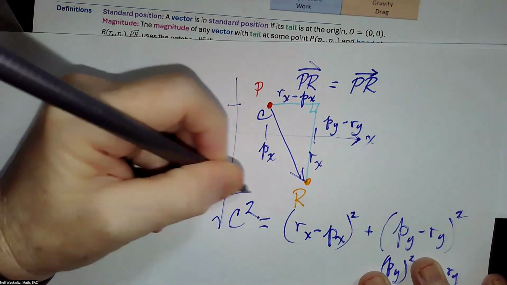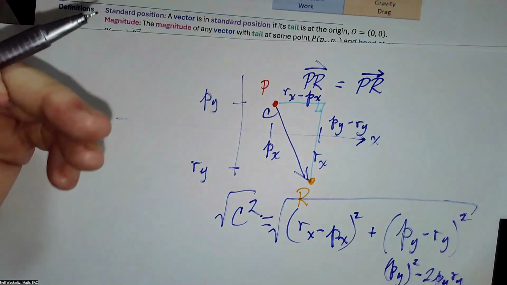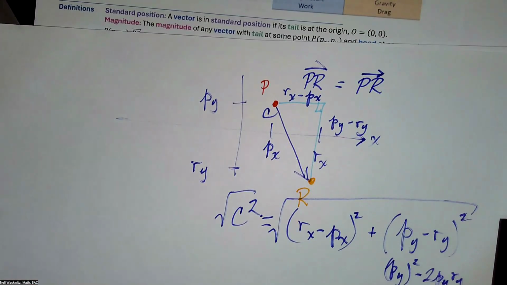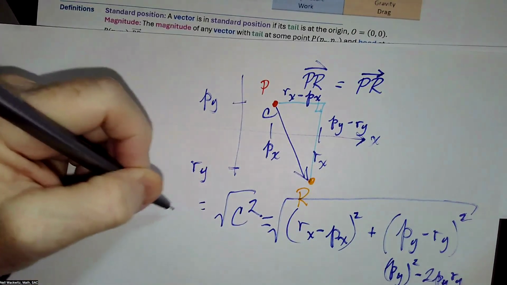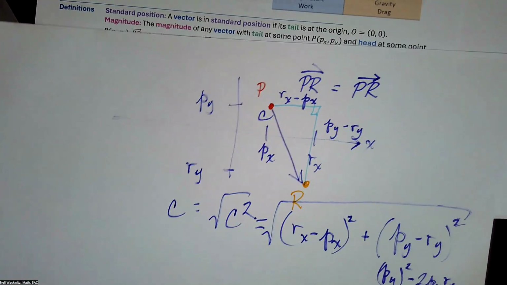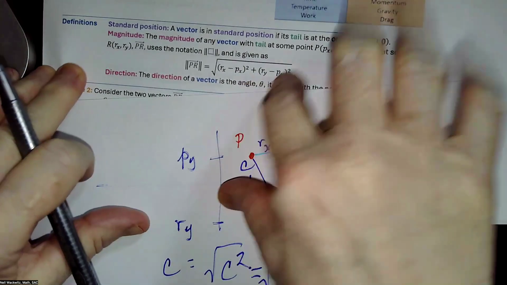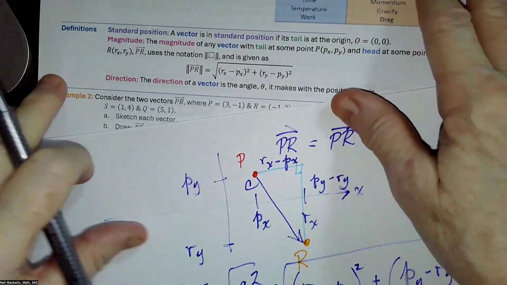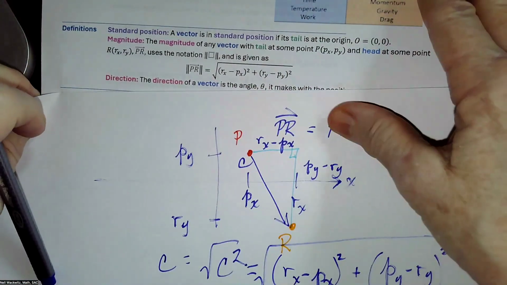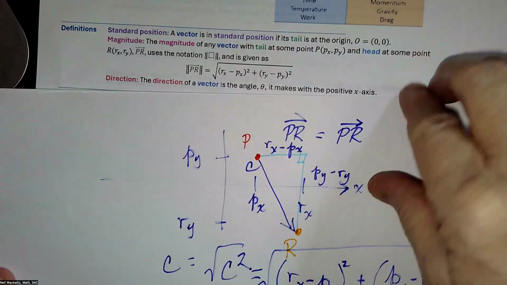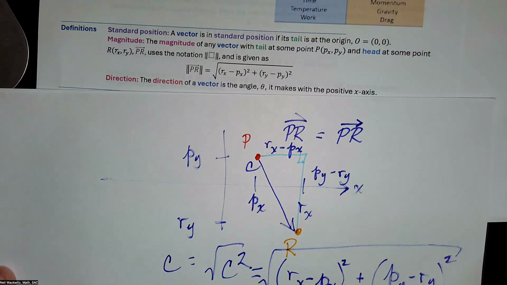And then to find C, we just take the square root. This is a magnitude, a distance, so it's positive. And that's exactly how we get the magnitude formula. The direction is the angle that the vector makes with the positive x-axis.